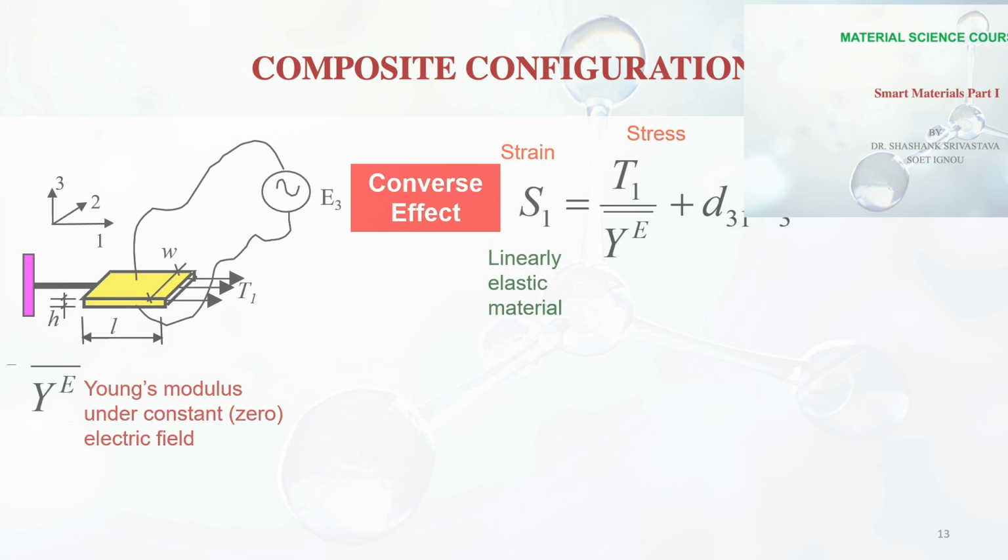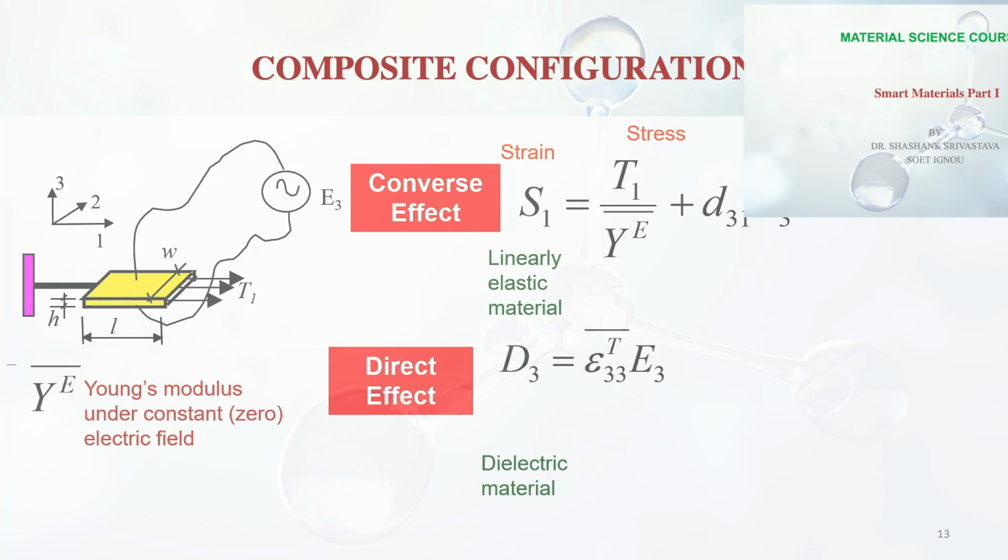Let's now see the direct effect. Direct effect means that if we apply stress, we see the development of charges. Now for this equation, we assume that the piezo element is under the combined action of stress and electric field. As a result of the electric field, like all dielectric materials, it will display the development of charges under the action of the applied electric field.